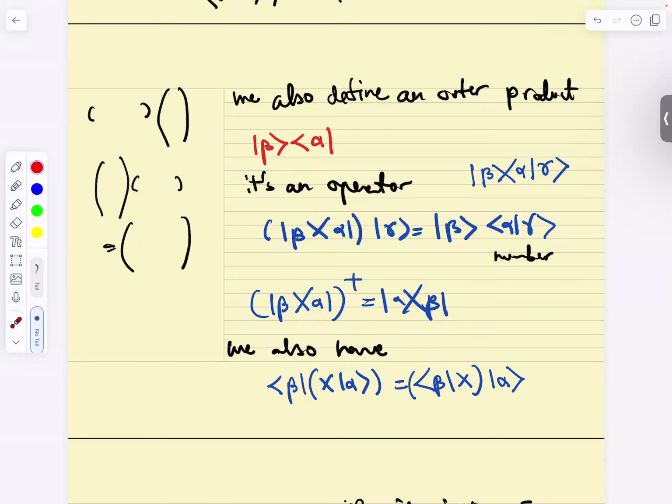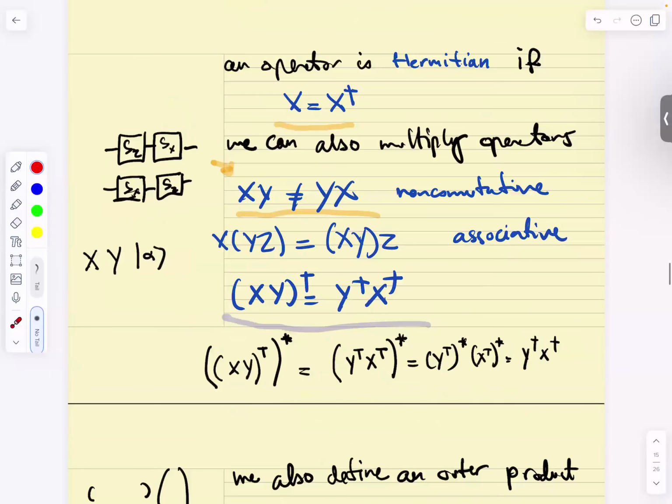So if you have the outer product of beta and alpha, take the dagger. The dagger acts as if it's acting on them individually, but remember the structure. We had this, and this holds even for non-square matrices.